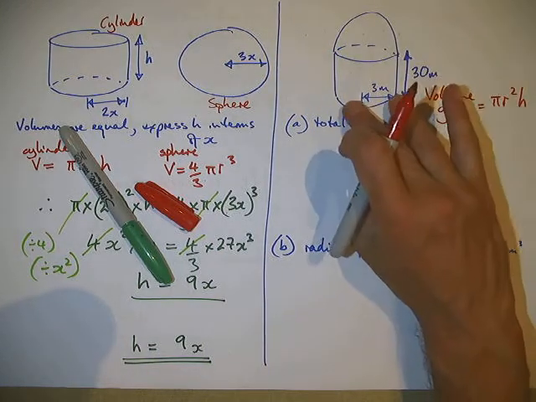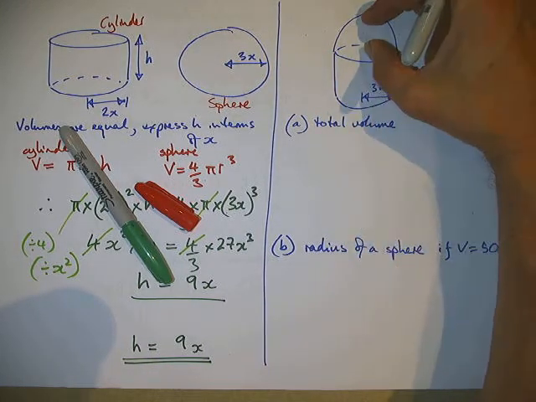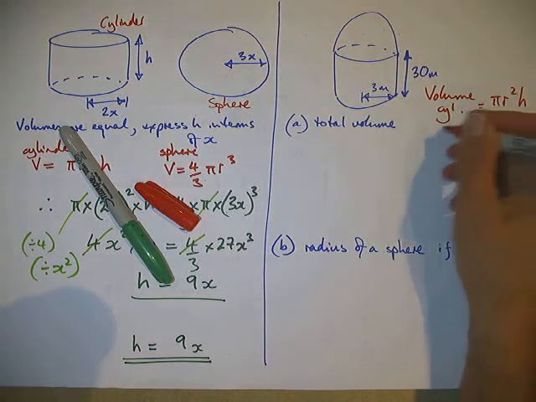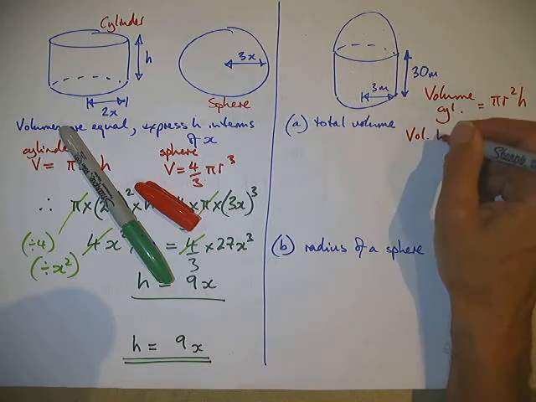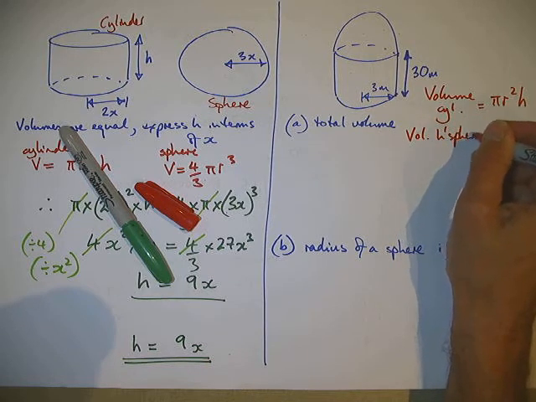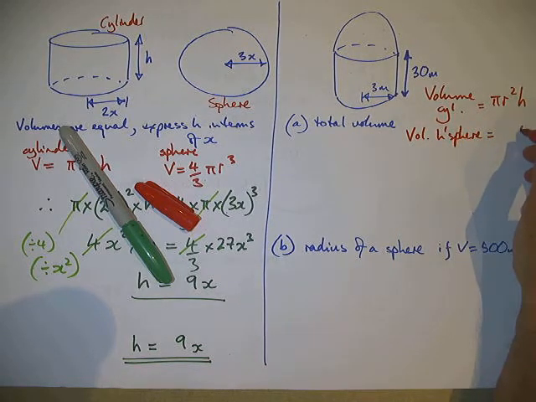That's a hemisphere, so that 3 meters is the radius. Volume of a hemisphere is the volume of a sphere halved.